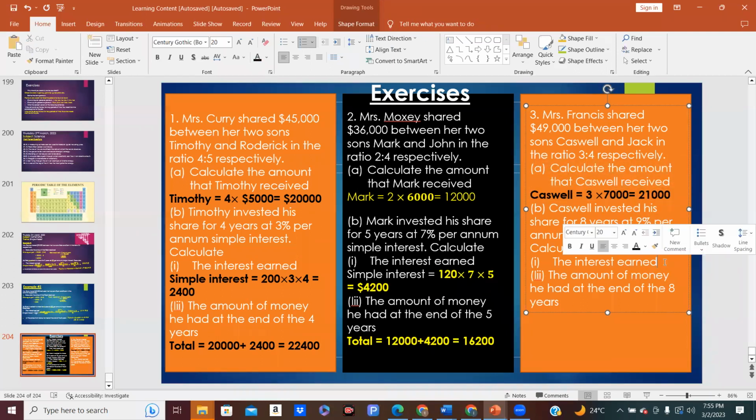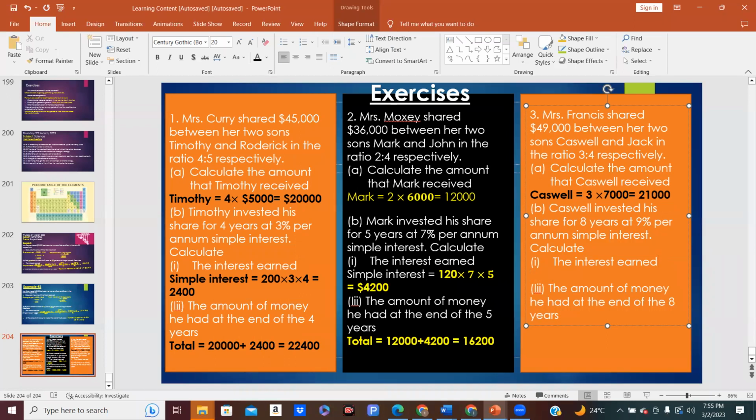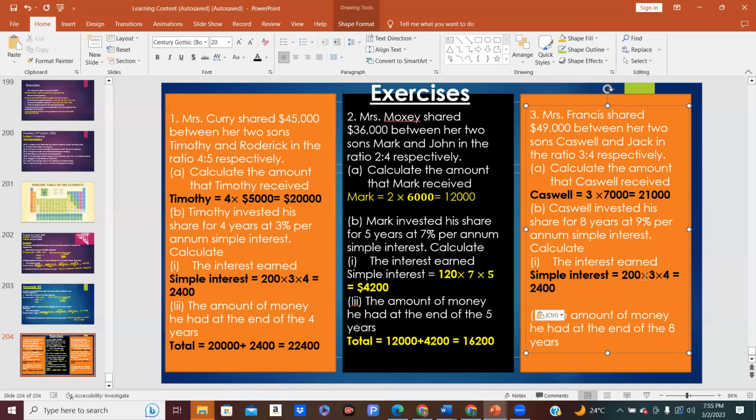Simple interest is equal to principal times rate times time over 100. So you have 21,000 times 9 times 8 over 100. Good. And when you take out the zeros, you will have 210 times 9 times 8 over 1.